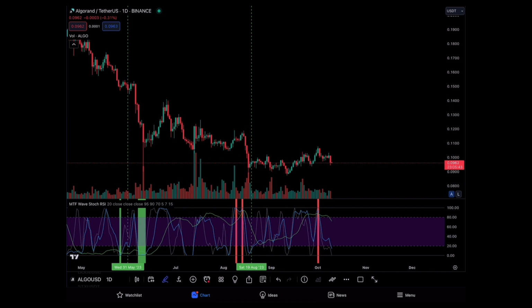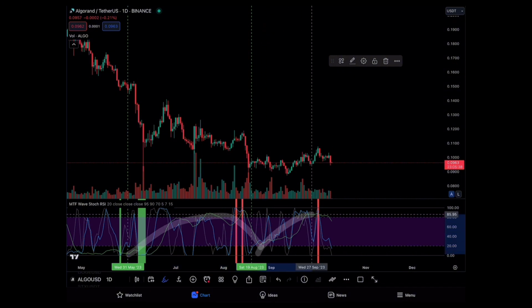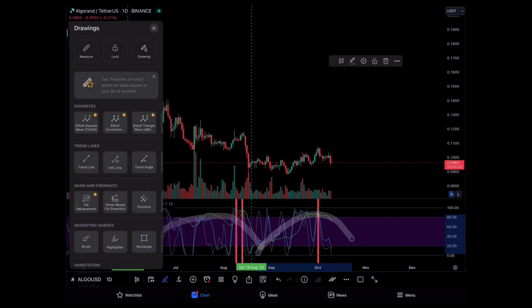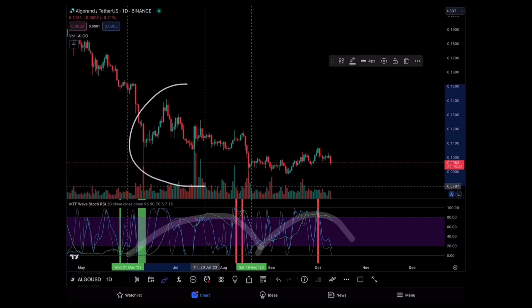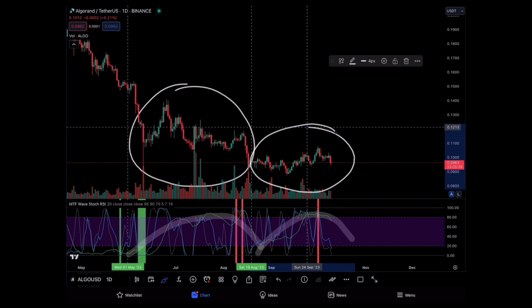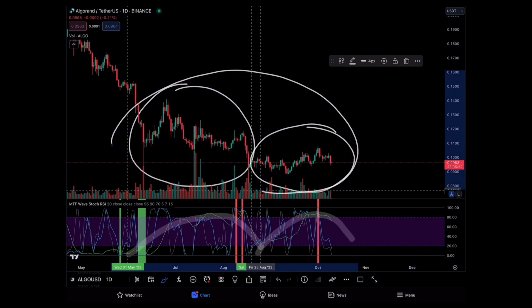Like this one, for example, here, it showed at this start one, and then this one is showing another one. So you either treat those as two different waves on the MTF, like that, so this is one wave and that's the other, or you try to find a time frame that is showing them as one together.